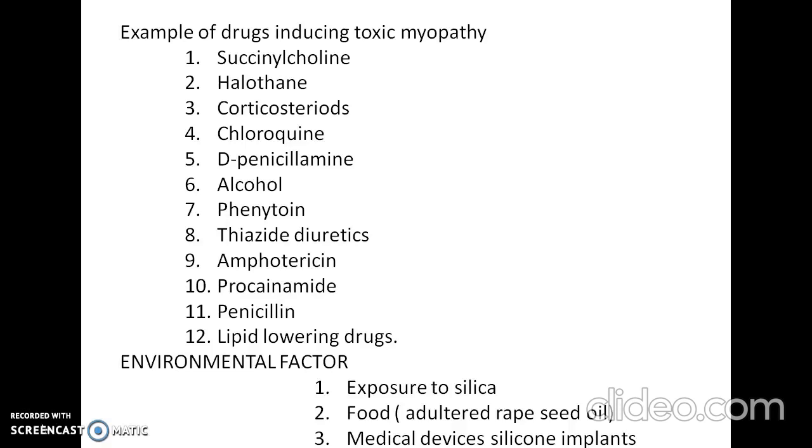Even many environmental factors, when the body is exposed to them, may cause myopathies, including exposure to silica, and some food substances and additives adulterated with rapeseed oils. Even some medical devices like silicone implants may also cause myopathies.